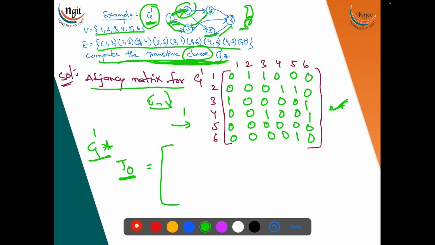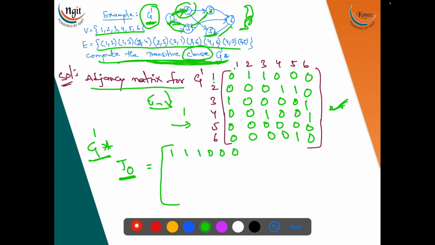In the reachability matrix, especially in transitive closure, we will have self loops, 1 to 1. You will mark it as 1 because 1 is reachable to 1. Now 1 to 2 is already given, 1 to 3 given, 1 to 4, 1 to 5, 1 to 6. So in transitive closure you have to find the closer vertices.